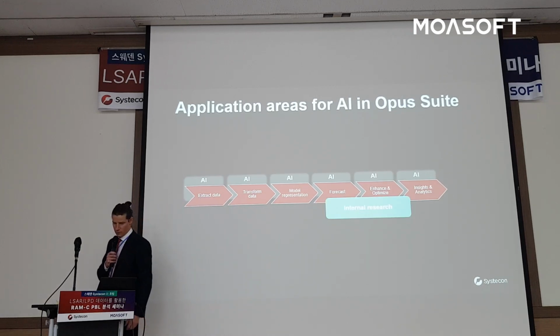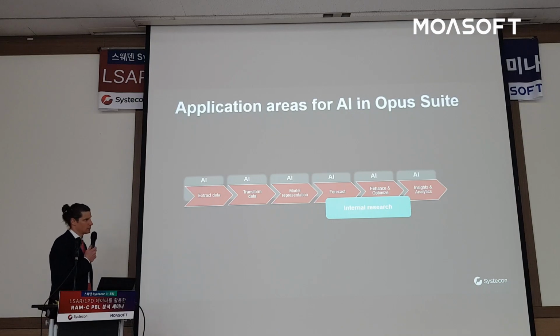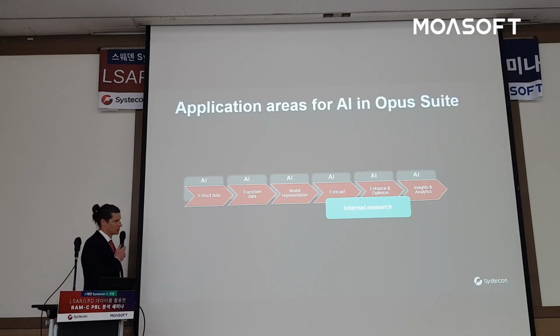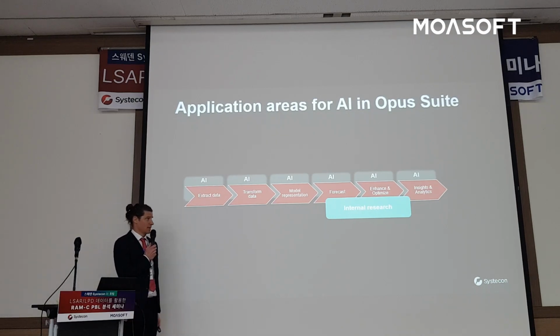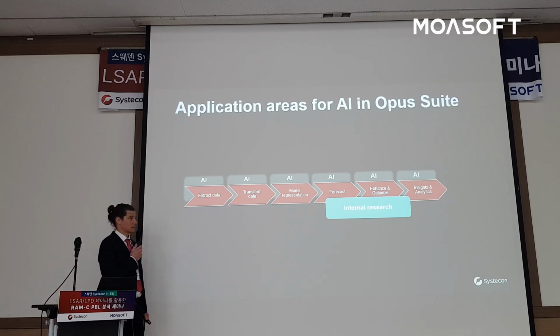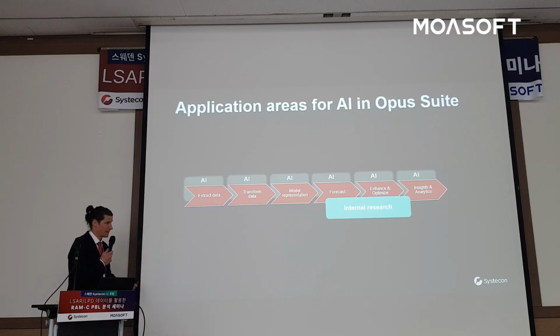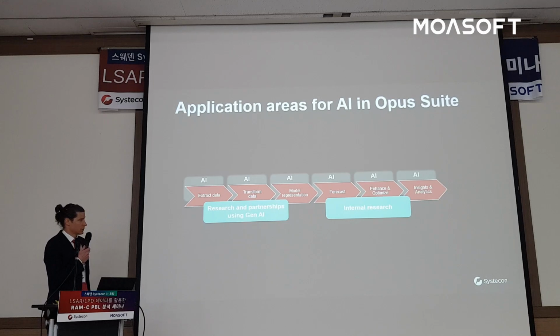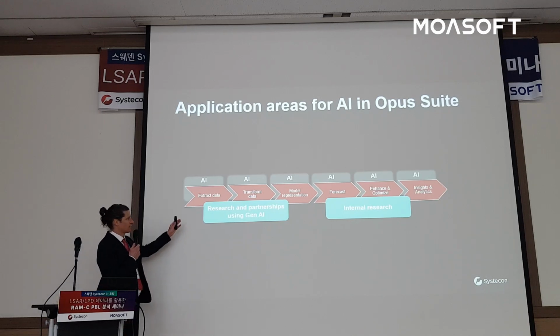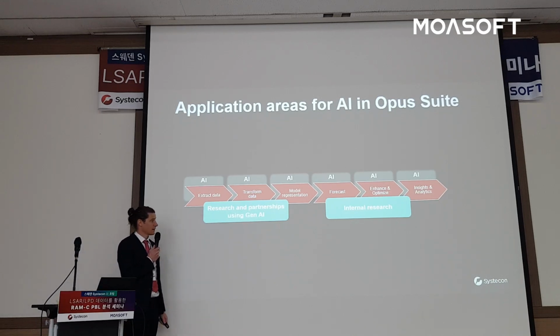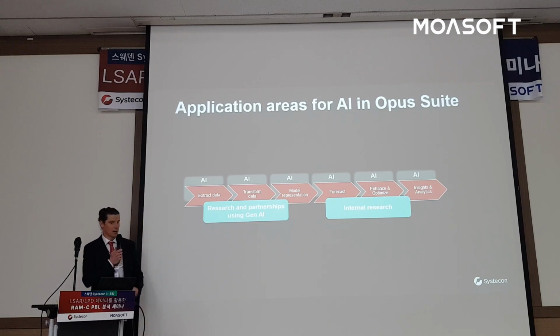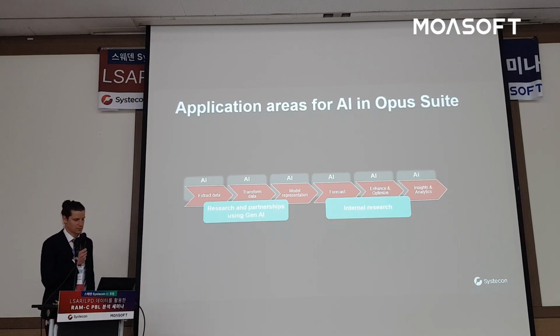But where we are working right now is this area. We're doing some internal research. You can say that Evo functionality is a way of AI, and we'll come back to that. But we're also looking at ways of understanding how we can use generative AI for transforming unstructured data maybe into a format automatically as well.